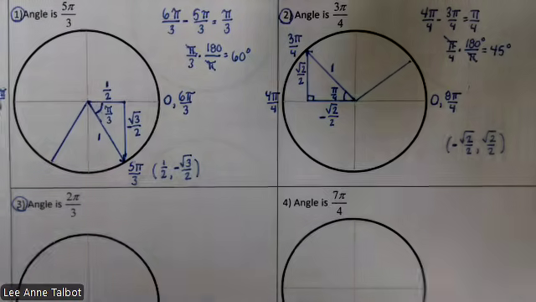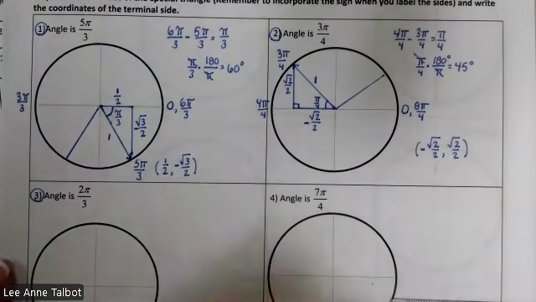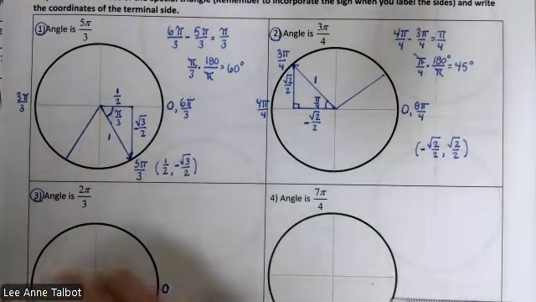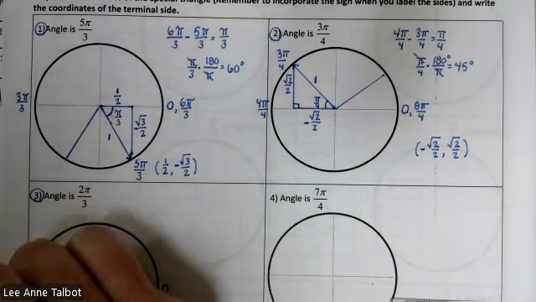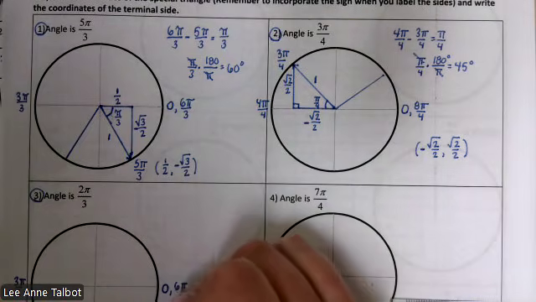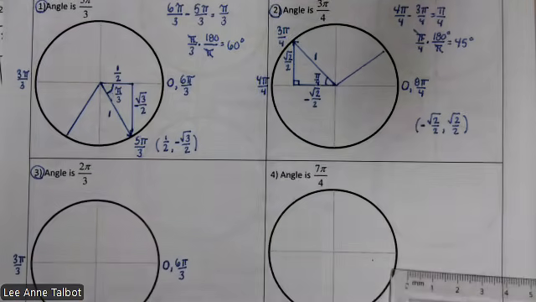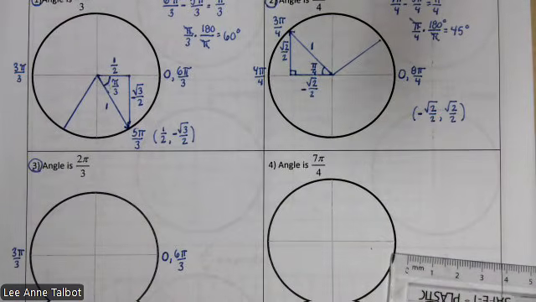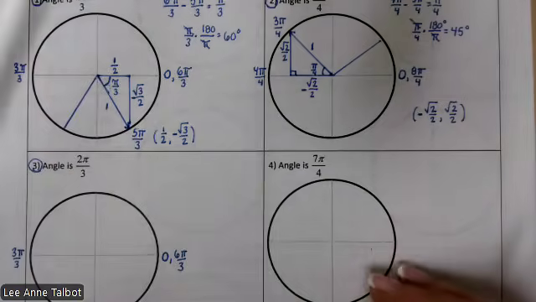Okay, last one for the day. 2 pi over 3, 0, 3 pi over 3, 6 pi over 3. Okay, now I'm going to ask you a question. 2 pi over 3, is it located in the top half or the bottom half? Top half. And what should I cut my top half into?